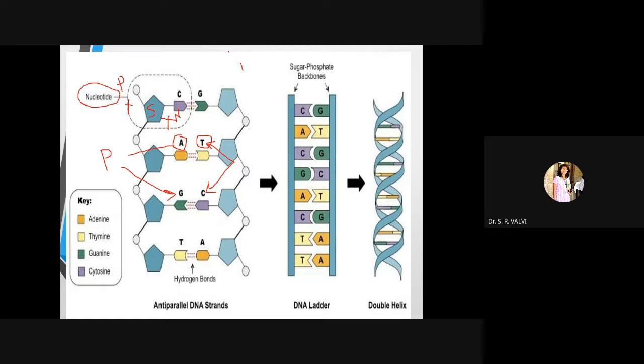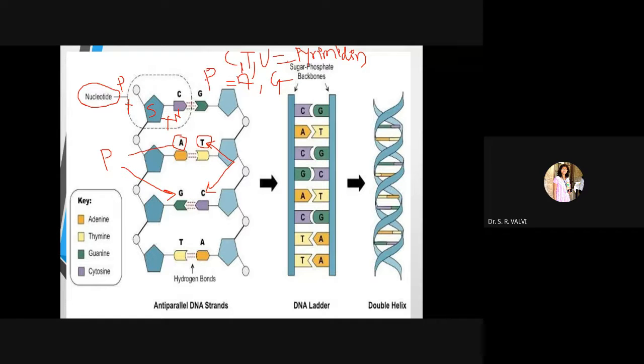So cytosine, thymine and uracil are pyrimidine bases, and only adenine and guanine are purine bases.